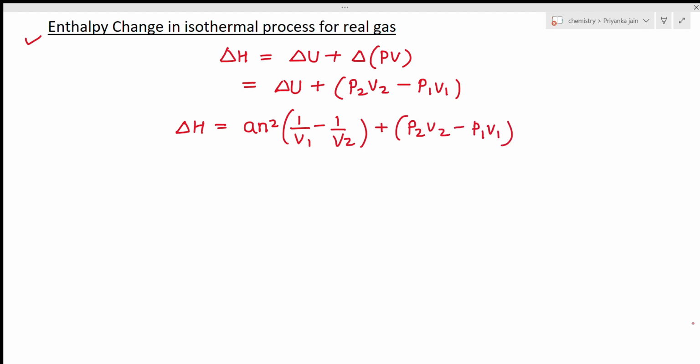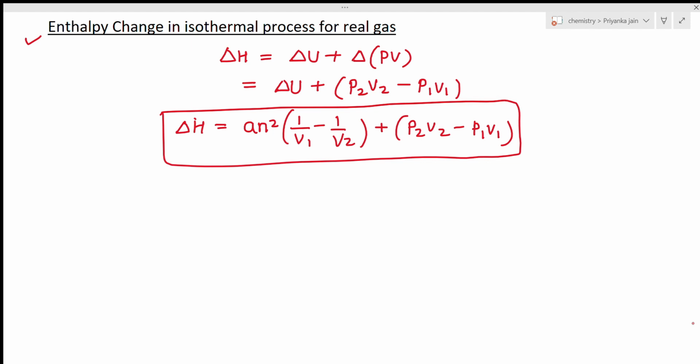This will be the formula for calculating the enthalpy change in isothermal processes for the real gases. So this is all for the isothermal processes in the case of real gases. You can do all the calculations, just put in the values and find your answers.